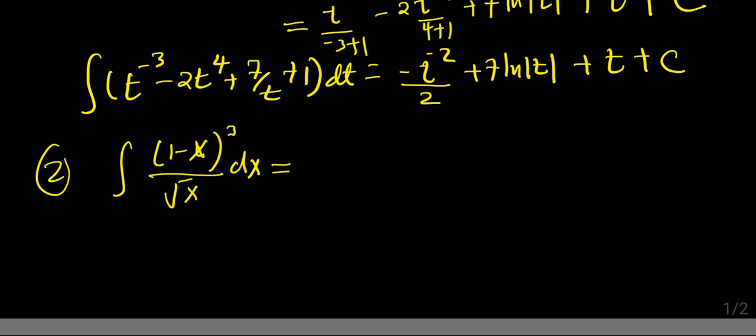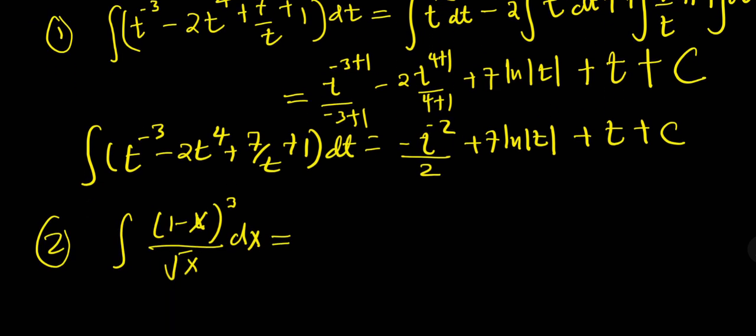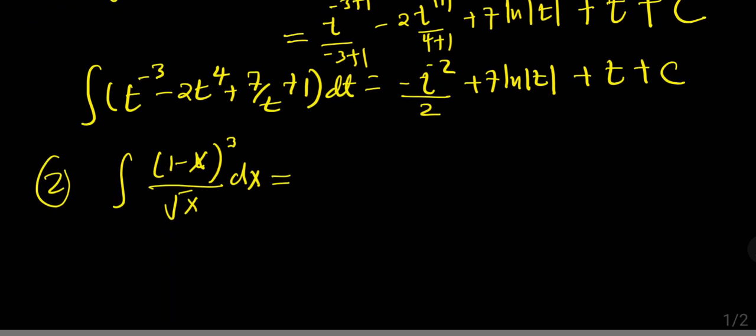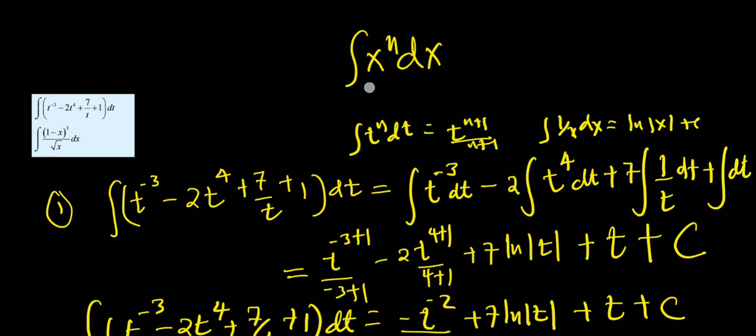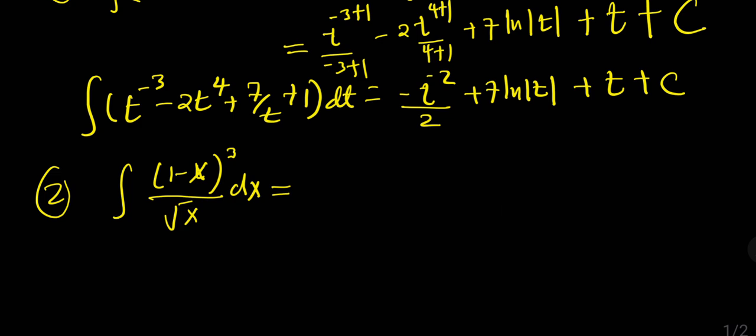What you are supposed to do is to remember the nature of the integrand. Our integrand is integral of x power n dx. So what you are going to do is express this integrand to look like the general formula of integration. So what can you do?